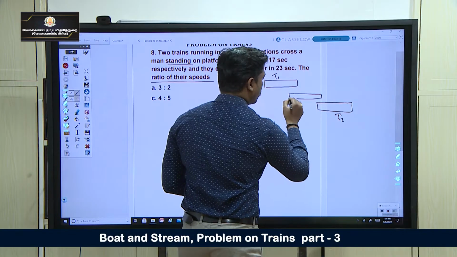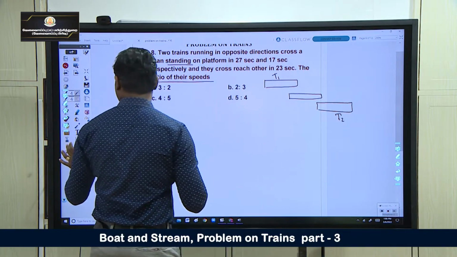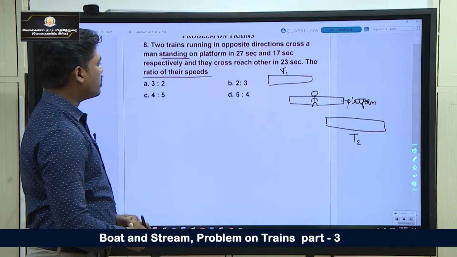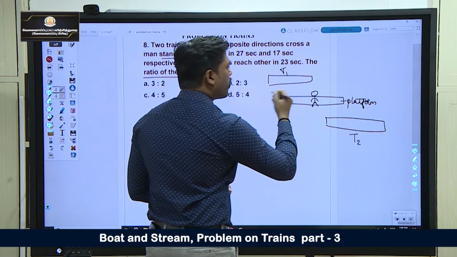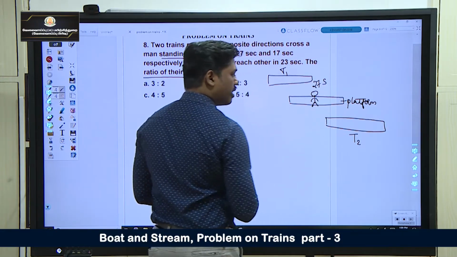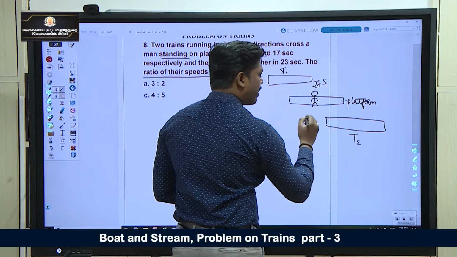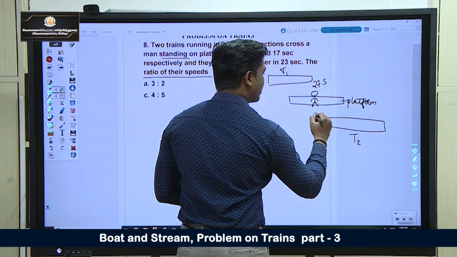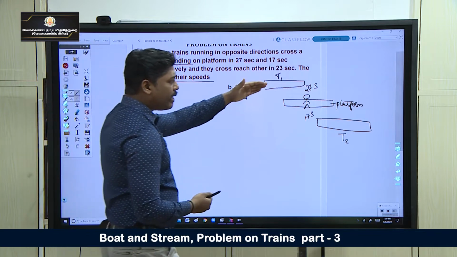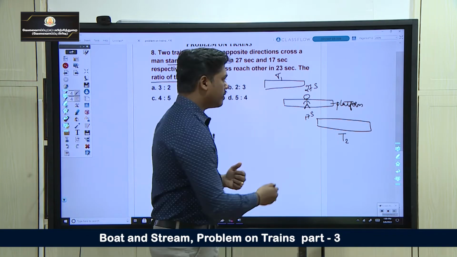Two trains running in opposite direction cross a man standing on a platform in 27 seconds. So, train 1 crosses this man in 27 seconds and train 2 crosses the man in 17 seconds, respectively, and these two trains cross each other.